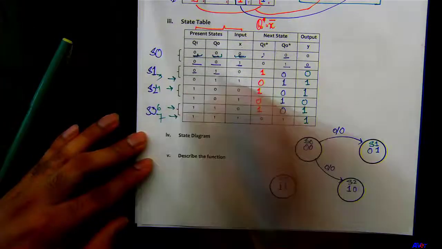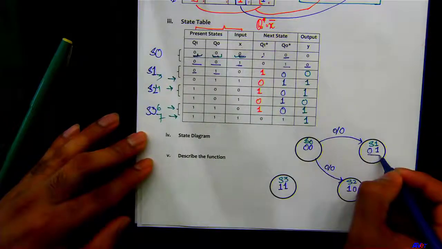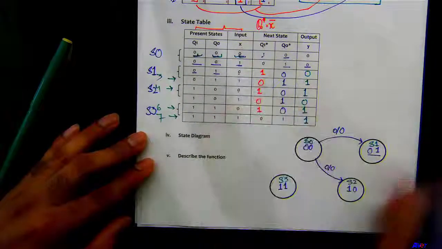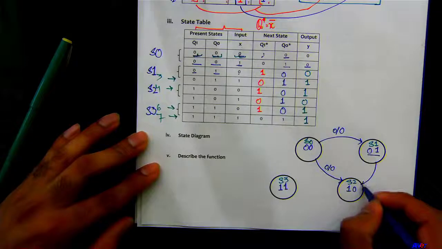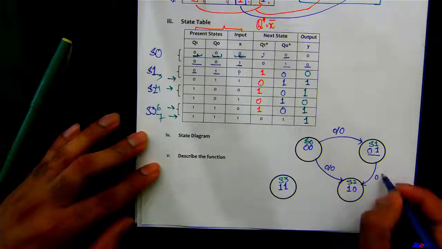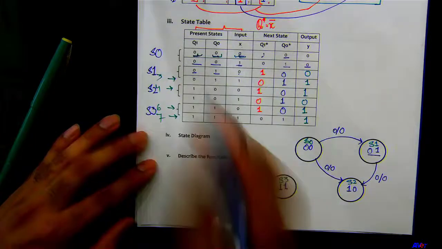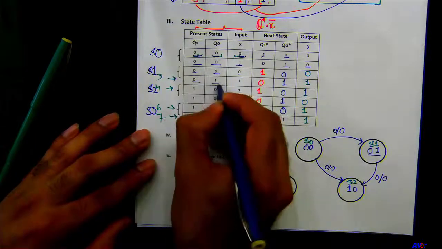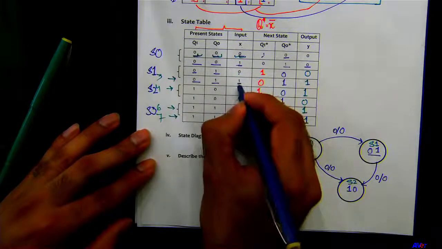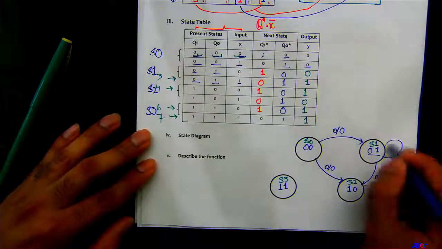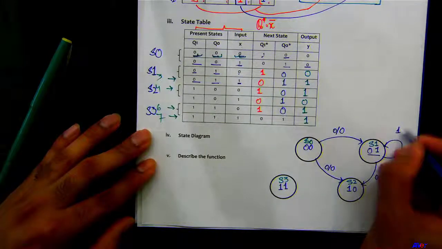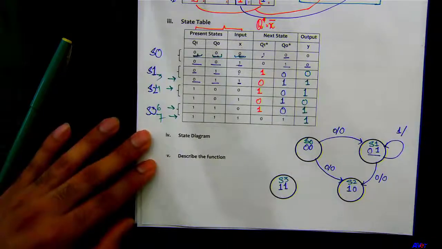Present state is 0 1, this right here. X is 0, it goes to 1 0. Output is going to be what? 0. Present state 0 1, input is 1, goes to 0 1. That means it stays there. Output is going to be what here, guys?